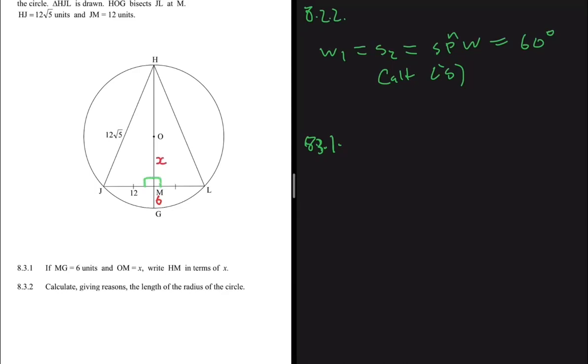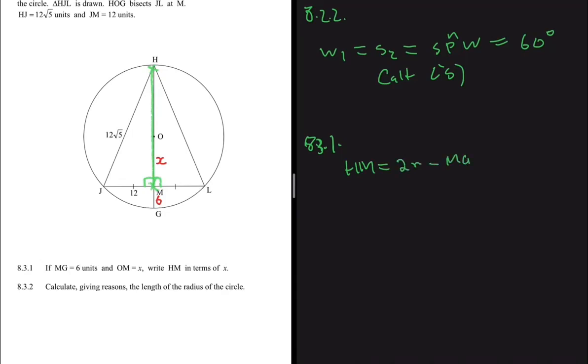Write HM in terms of x. So let's look at HM. So H starts here and then it goes down to M, right? So we want the length of HM in terms of x. HM is basically equal to 2 radius minus MG, right?